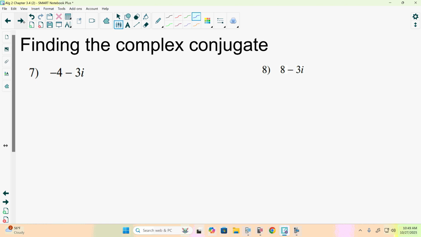Negative 4 plus, minus 3i. If a plus bi is the number, its complex conjugate is a minus bi. So this would be negative 4 plus 3i. And then the next one, 8 minus 3i would be what? Plus 3i. We're changing the sign in front of i.